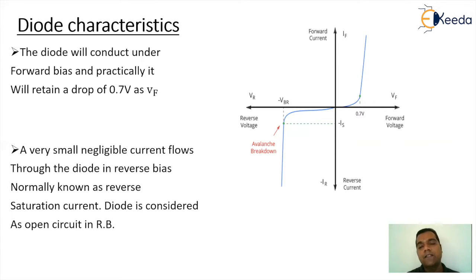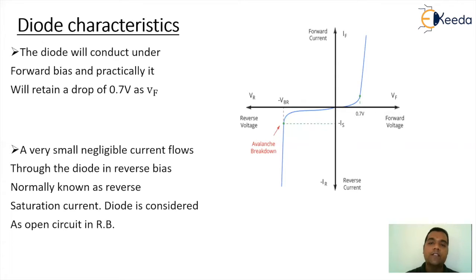When we look at the reverse characteristics, under the reverse bias situation, the ideal situation says that a diode never conducts. So we assume that the current of the diode under reverse bias is zero, but that is ideal behavior. Practically, we do get a reverse saturation current. And all of us are aware of a phenomenon called avalanche breakdown.